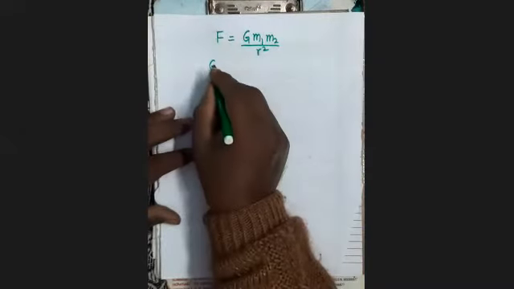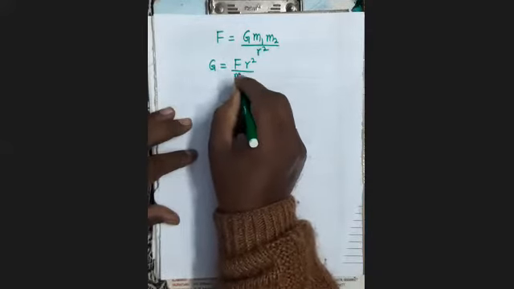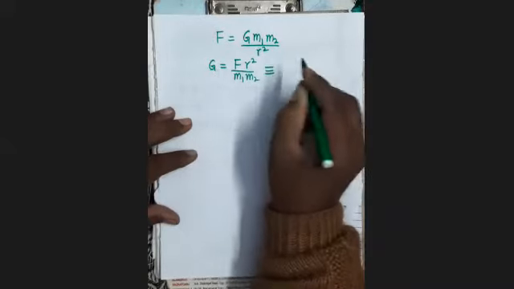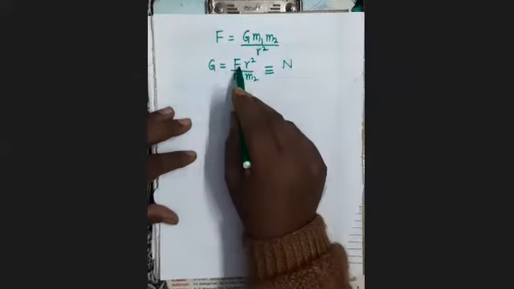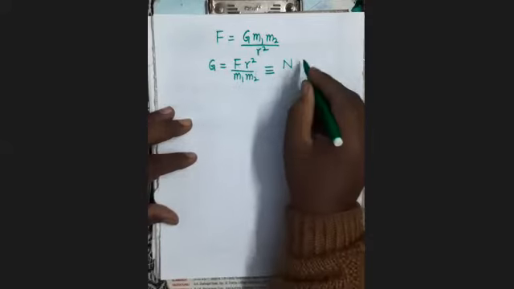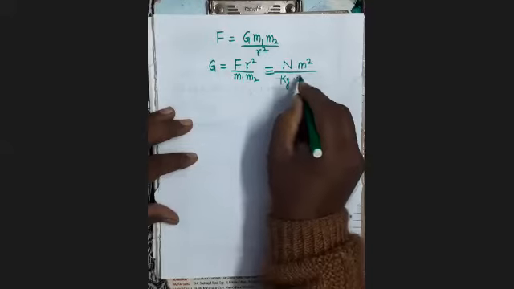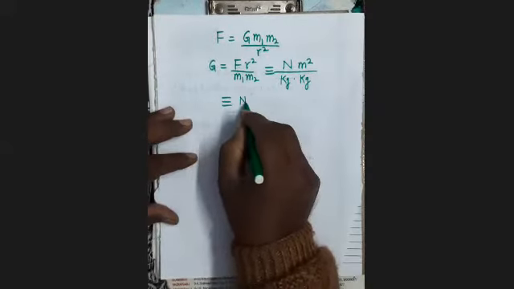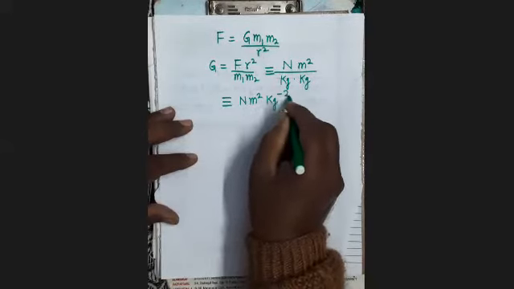G equals F r square upon m1 into m2. Now see here, what is the unit of force? Here unit means SI unit. It is Newton. R is distance, its unit is meter, but here it is R square, so it is meter square upon kilogram into kilogram. So its unit is Newton meter square per kilogram square.